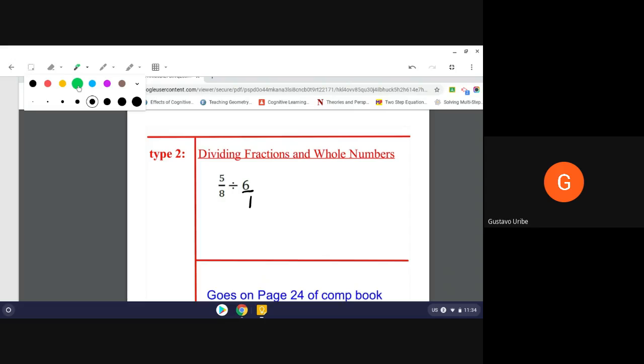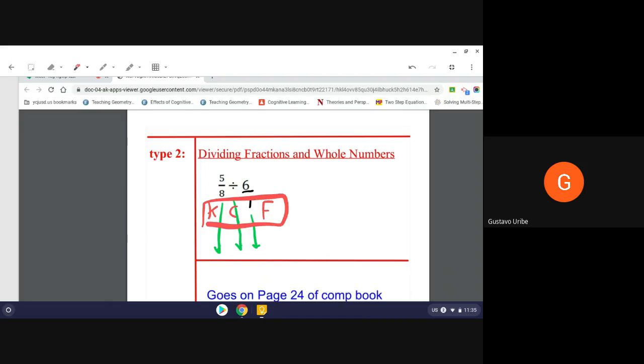We're going to do the same thing as the last one. We are dividing fractions. We can use something called keep, change, flip. So KCF, right? Keep, change, flip. So what that says is I'm going to keep this first fraction the same.